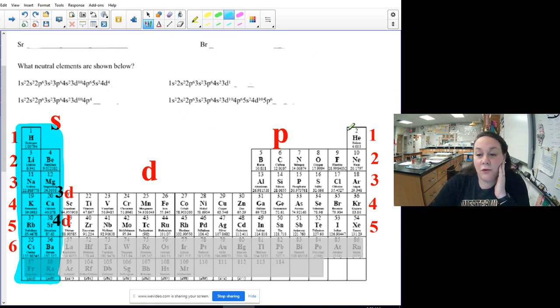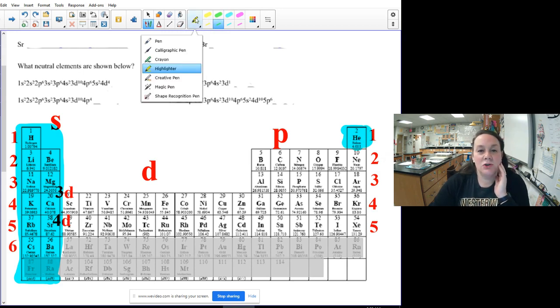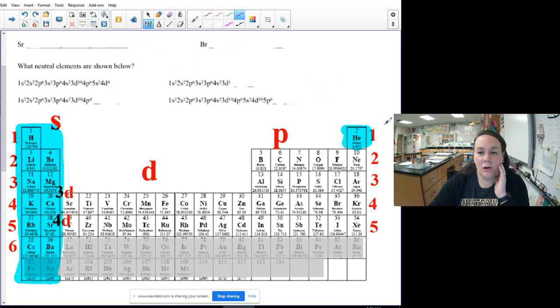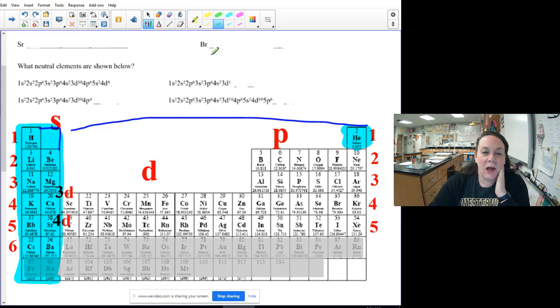For this trend, technically good old little helium should be over in this block right here, because he also puts his electrons in the S. Then, as a little refresher, any elements over here put their electrons in the P block.